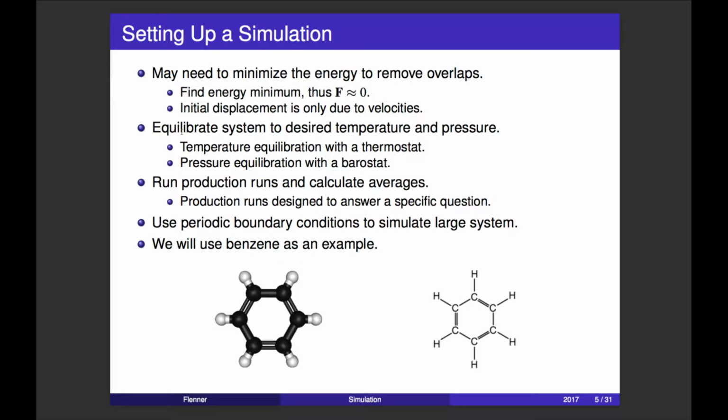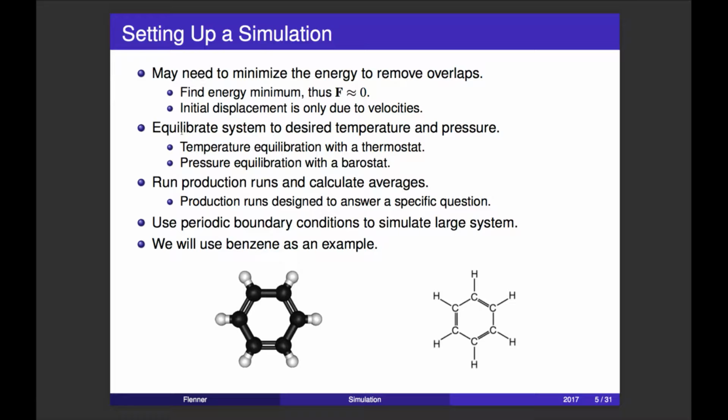It generally works a little bit better. And then the pressure equilibration we do with a barostat. Once again, many different ways to do that. In a future example, I'm going to show you how to implement what they call a Monte Carlo barostat.